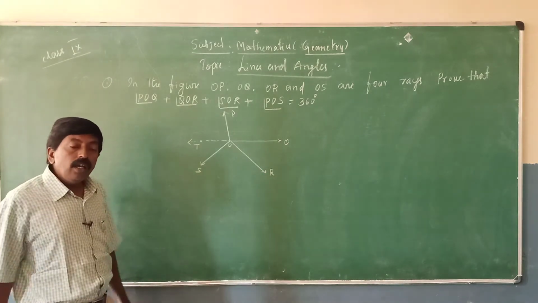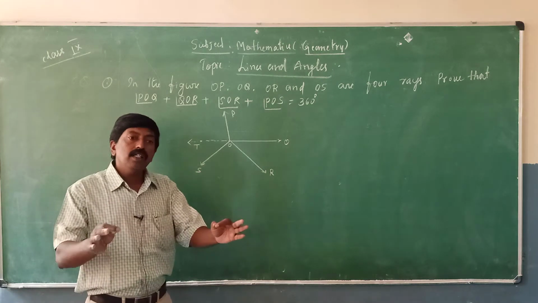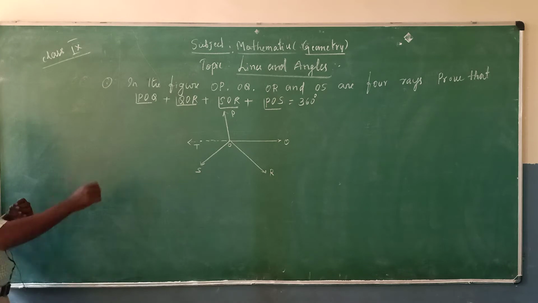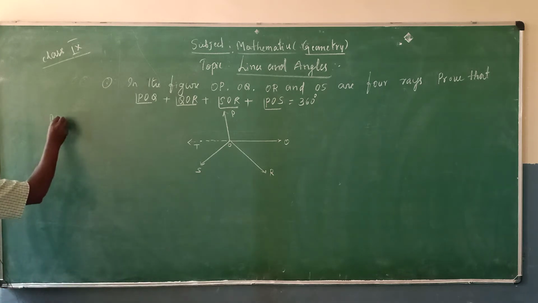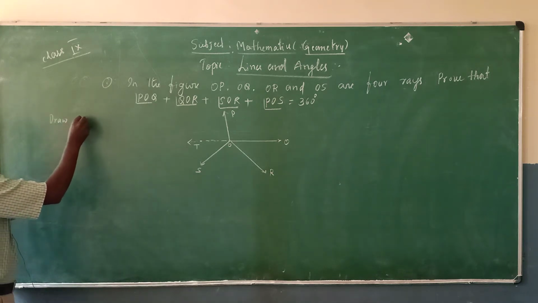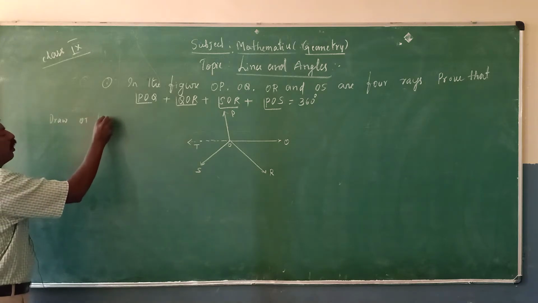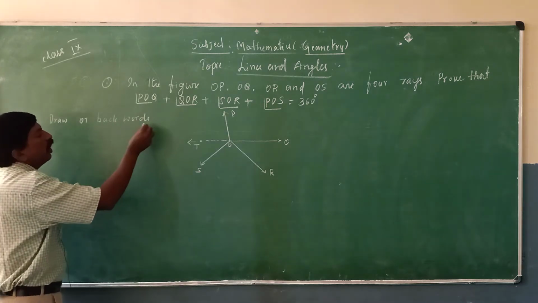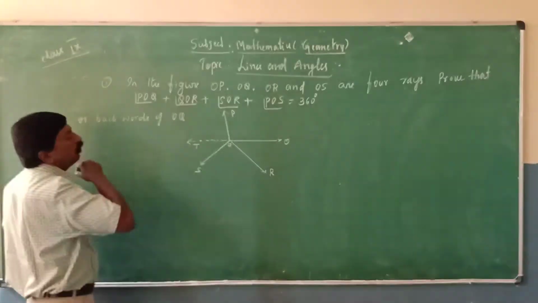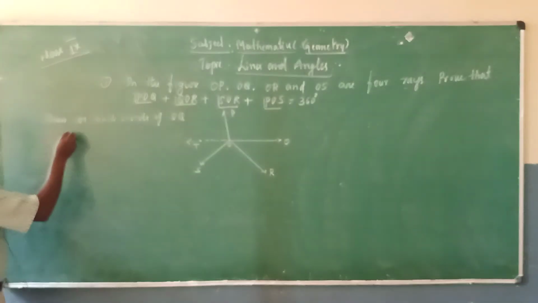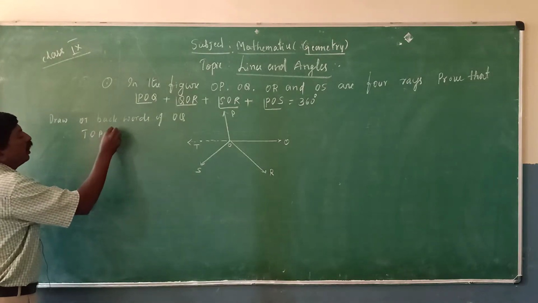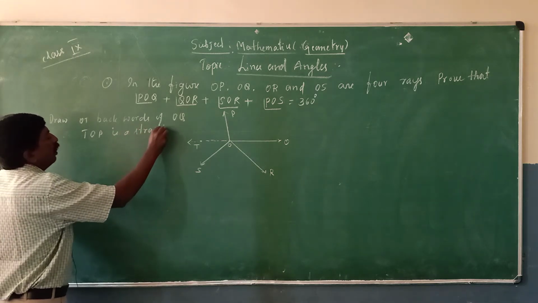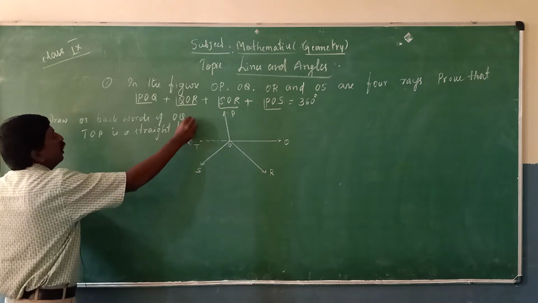We know that the sum of a linear pair of adjacent angles is 180 degrees. So what we have done here is draw OT backwards of OQ. It makes TOQ a straight line.